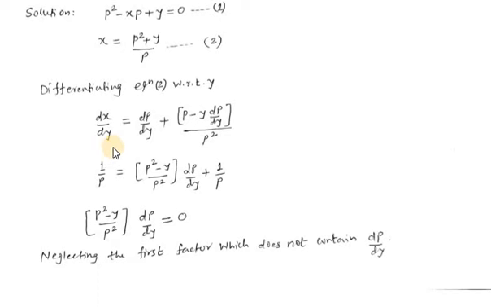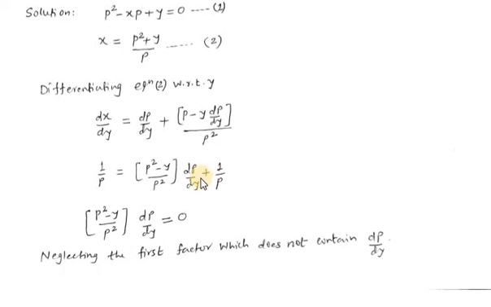Now you know that dy by dx is p, so dx by dy is 1 upon p, and that is equals to, now we have to simplify this equation. P over p square result is 1 over p, and we have dp by dy, then after minus 1 over p square into y into dp by dy.